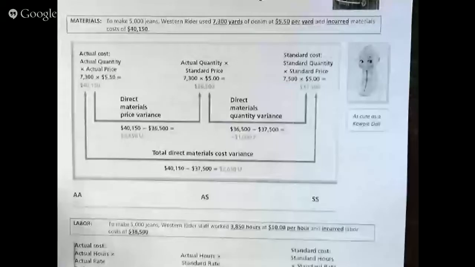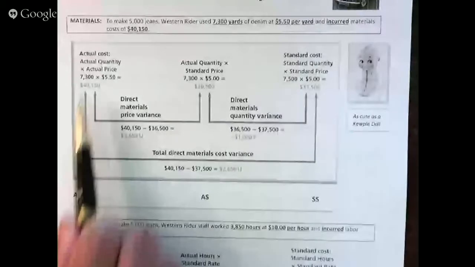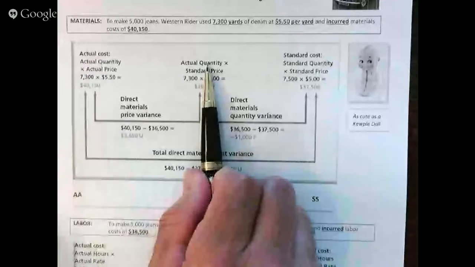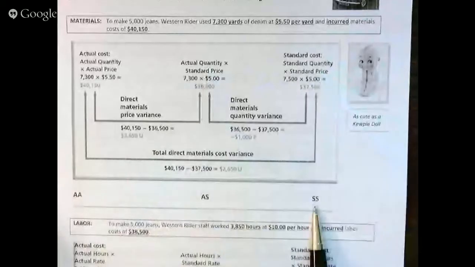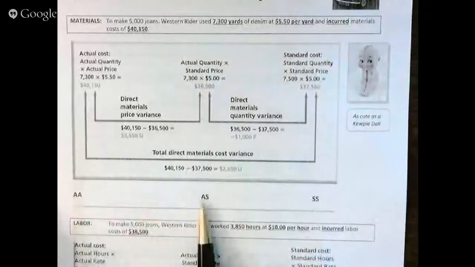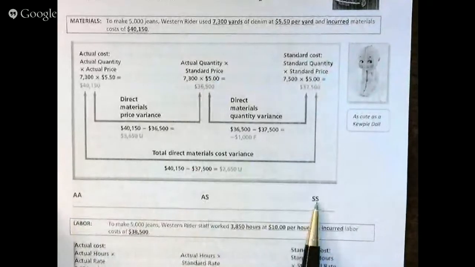Just like this little Cupid doll has its bottom on a sheet, you put actual quantity at actual price, actual quantity at standard price, and standard quantity at standard price, and calculate the actual cost incurred and what it should cost for the units that you actually made. Isn't that a terrible example?